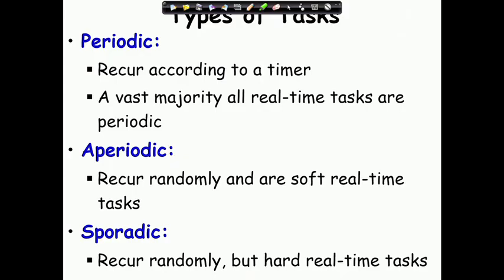On the other hand, there may be sporadic tasks which are again random, but these have hard deadlines with them. For example, let us say a fire condition occurs in an industry, in a chemical plant, then the sensors check the condition and they initiate several actions, maybe sounding an alarm, maybe stopping the reaction, maybe starting a water shower and so on.